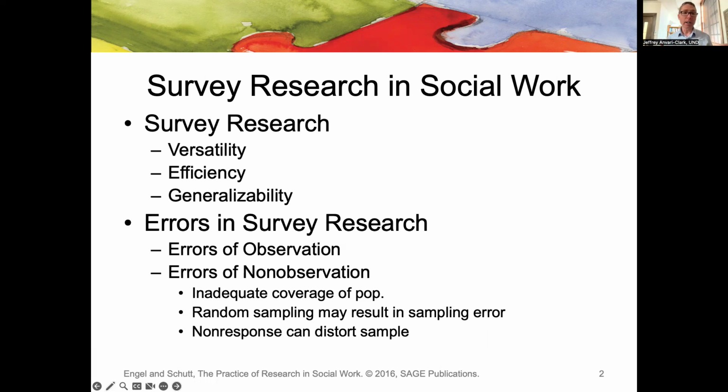Or then non-observation errors, where maybe it's all white people and you're trying to get diverse perspectives, or you're looking to understand issues of gender equality and gender equity, but you're only asking men. So you may have inadequate coverage of the population.